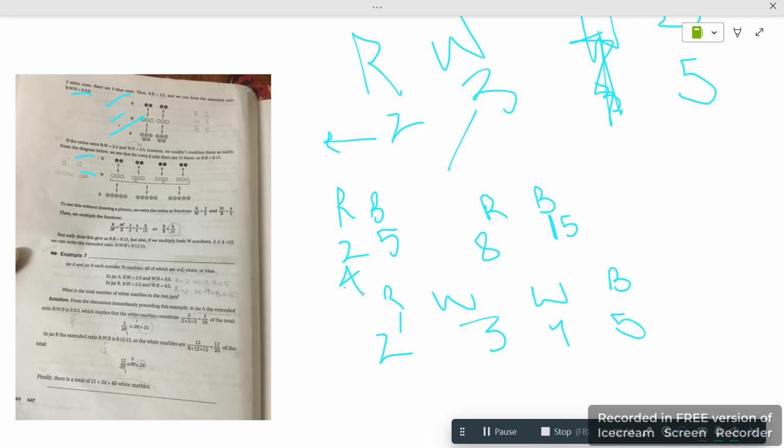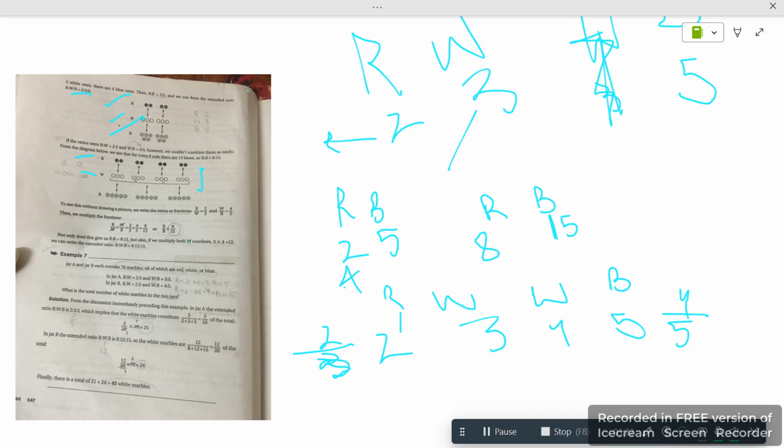This is the ratio which has been given here. So when you look into the diagram, you will find this diagram 2, 3, 5. To see this without drawing a picture, we write this fraction as R upon W, this means 2 upon 3, because this is the given ratio and a fraction can be written in ratio 2:3. Then white and blue can also be written as 4 upon 5.